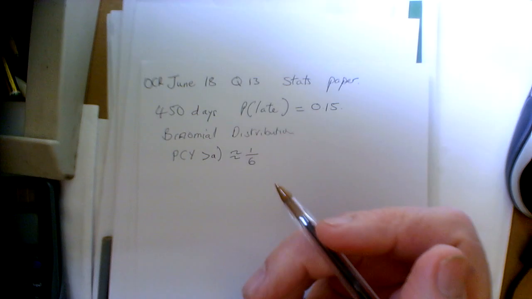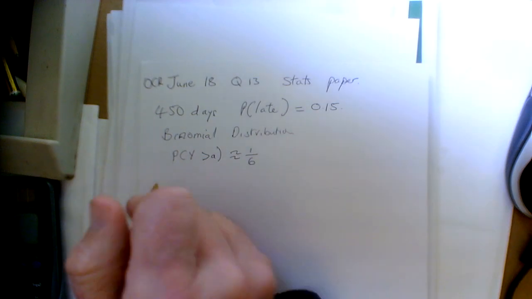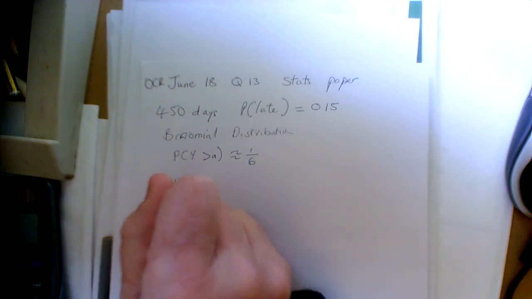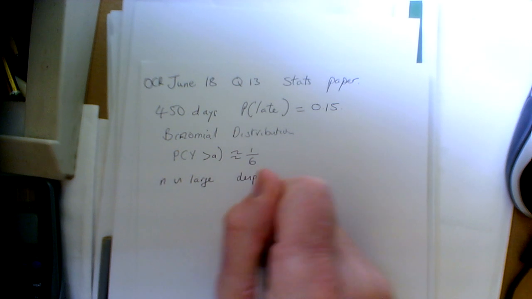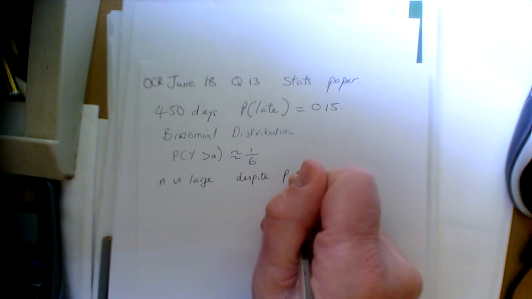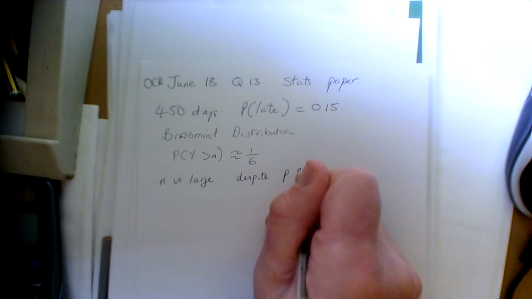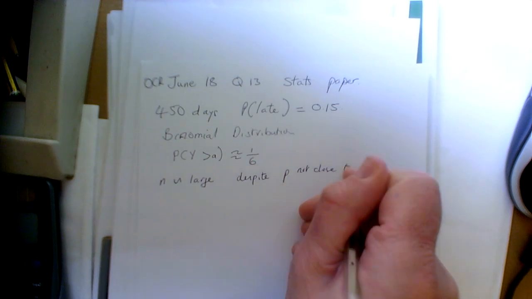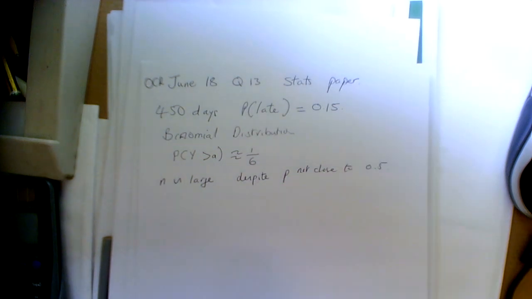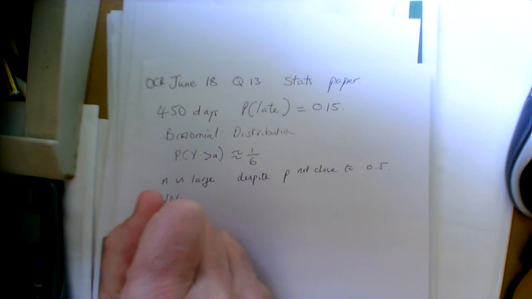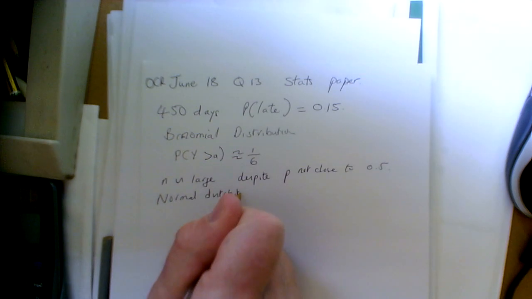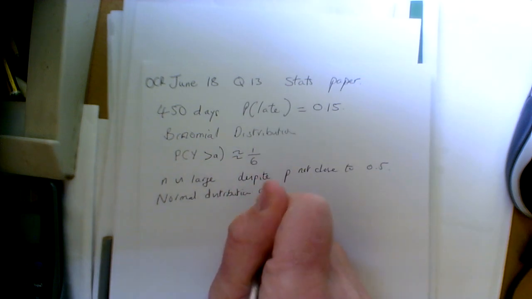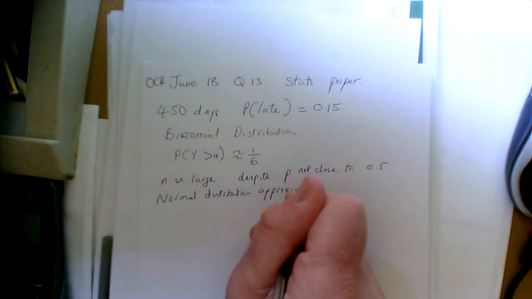And you've got to recognise here that because n is large, despite p being not close to 0.5, we can turn this into a normal distribution approximation. Okay, so that's what we've got to do.